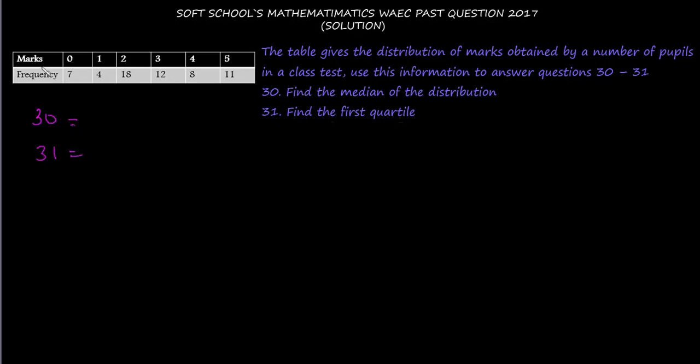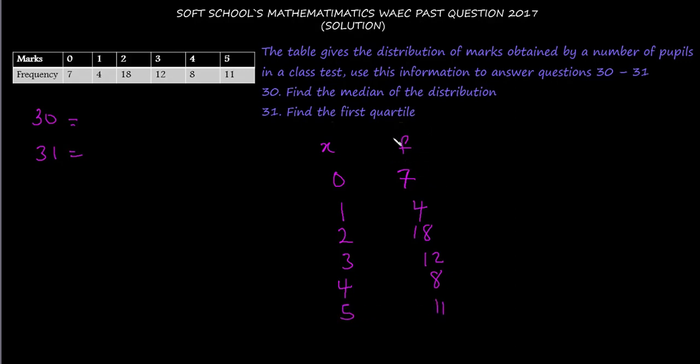So first, let me represent our marks by X and our frequency by F. So if this is 0, this is 7. If this is 1, this is 4, this is 2, this is 18, this is 3, this is 12, this is 4, this is 8, and this is 5, and this is 11.